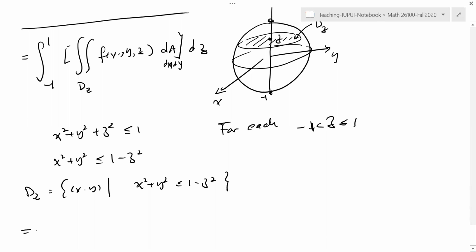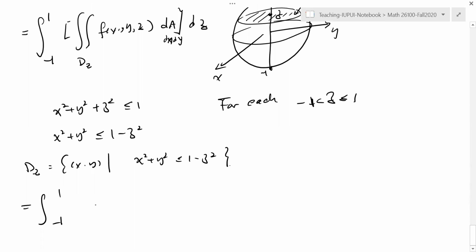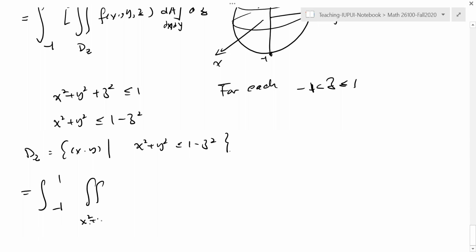So my integral right now is going to be from -1 to +1, the double integral over x squared plus y squared less than or equal to 1 minus z squared of f(x, y, z) dA, and then dz. When you evaluate this, the radius is the square root of 1 minus z squared. For fixed z, you evaluate this double integral over a smaller disk. It's not a unit disk, and it depends on the value of z.